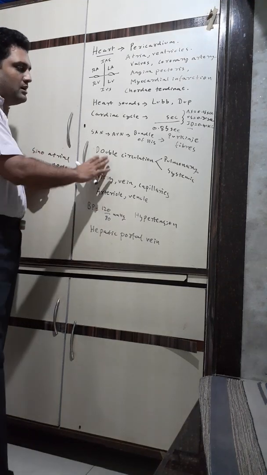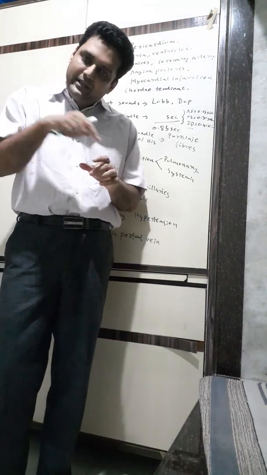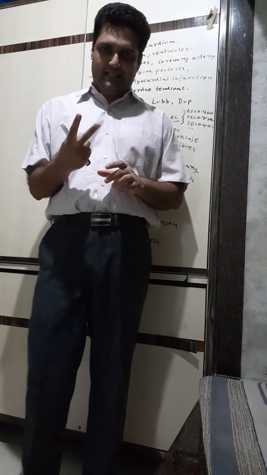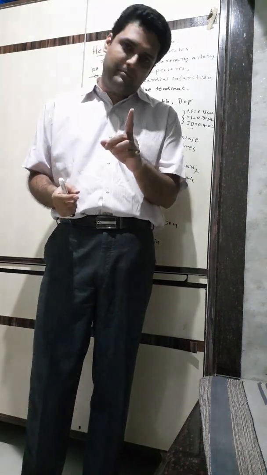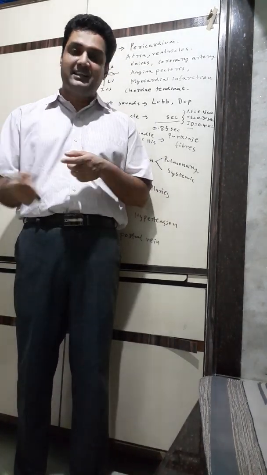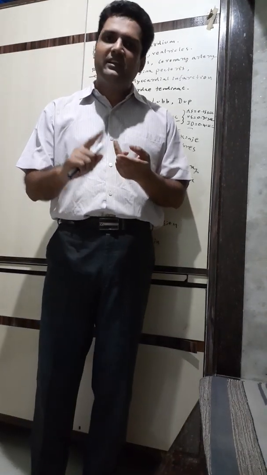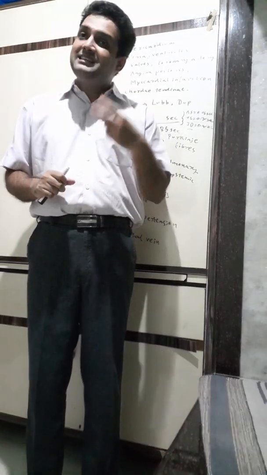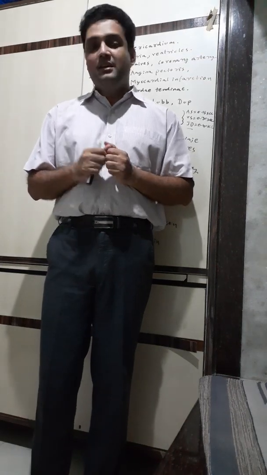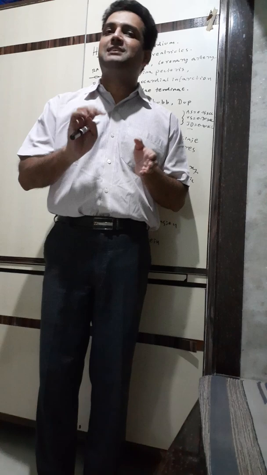Now, what is double circulation? The blood is going through the heart following two different circuits. There is one type of circulation occurring between the heart and the lungs, that is pulmonary circulation, which has the pulmonary artery and pulmonary vein. There is a second type of circulation occurring between the heart and other parts of the body except the lungs.